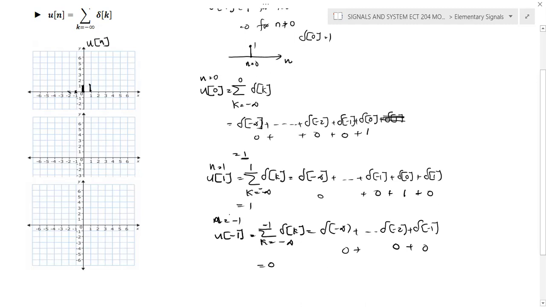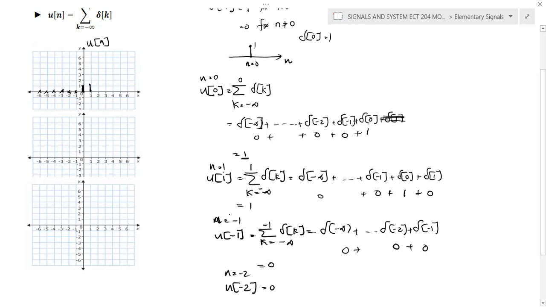And if you take any negative value, the function magnitude is 0 for any value of n. If you choose n is equal to minus 2, again you will get the same expression only up to del of minus 2. So u of minus 2 is again 0.